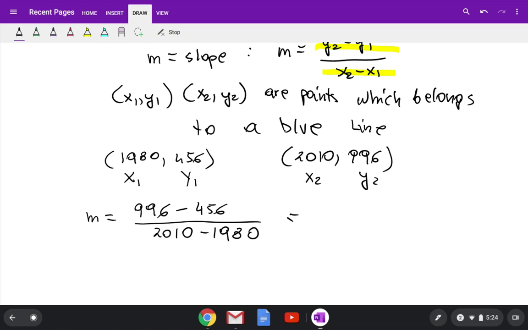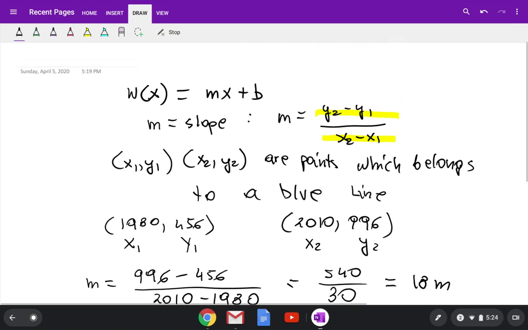Let's calculate that slope. 996 minus 456 is 540, over 2010 minus 1980, which is 30. 540 divided by 30 gives you 18. So 18 is the slope.